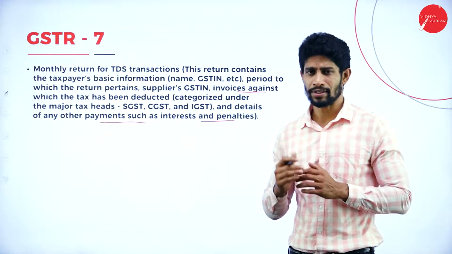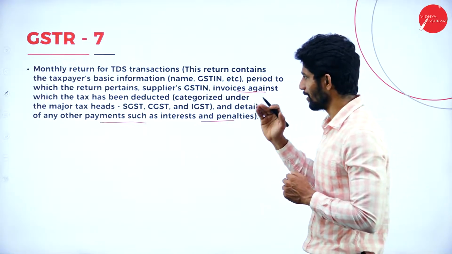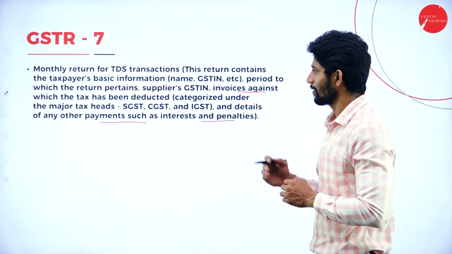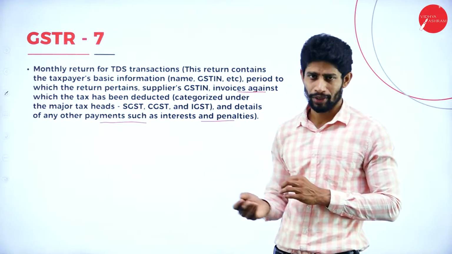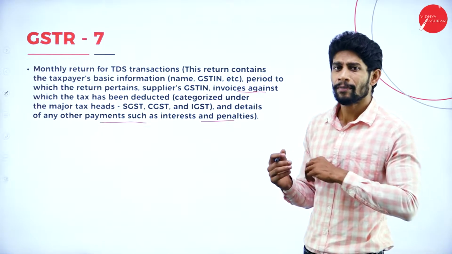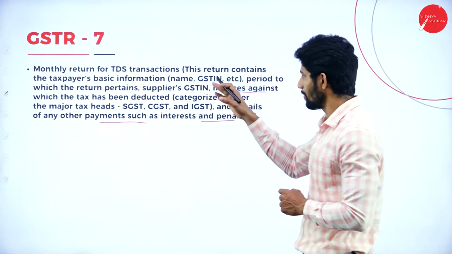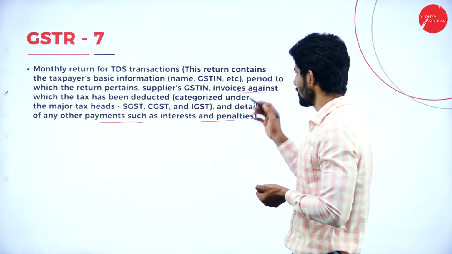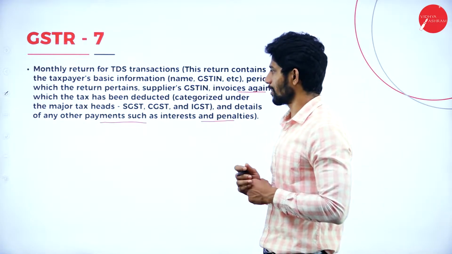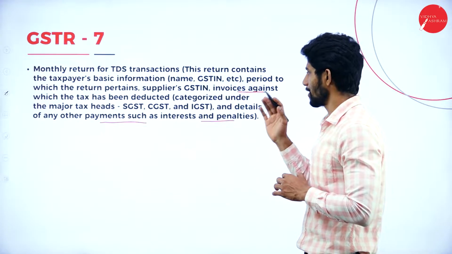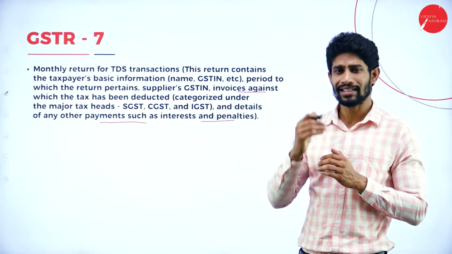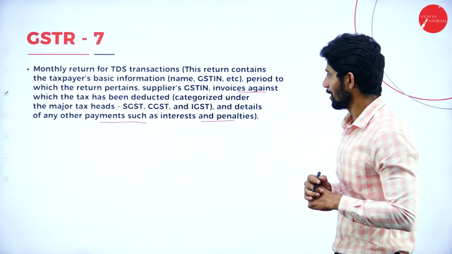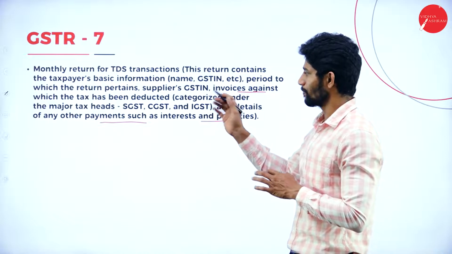Yes, this particular form GSTR-7 is all about TDS. If any TDS is deducted, the person who deducts it is supposed to file GSTR-7 on a monthly basis, and it contains the details of the taxpayers, the period to which the return pertains, and the supplier's GSTIN. It also contains the invoices against which the tax has been deducted.